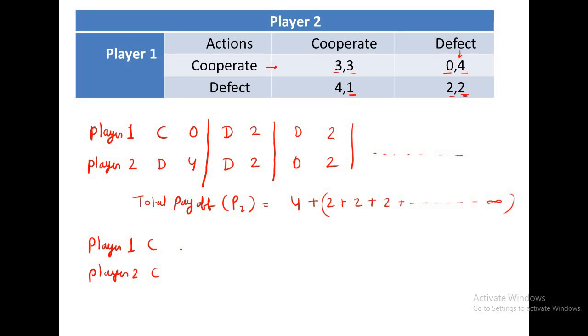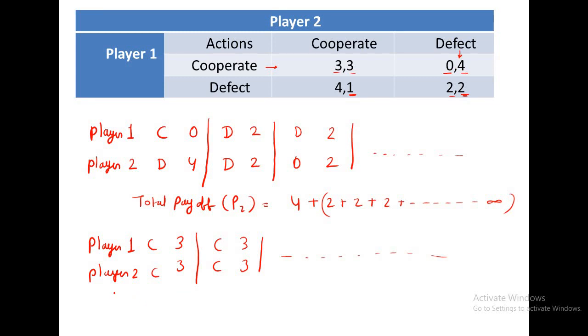That is why they both have taken the risk in the first iteration. So both will get 3. Now in the next iteration, again both believe that the other one is going to cooperate, so both will take cooperate again and get 3 again, and this will be repeated for an infinite number of times.